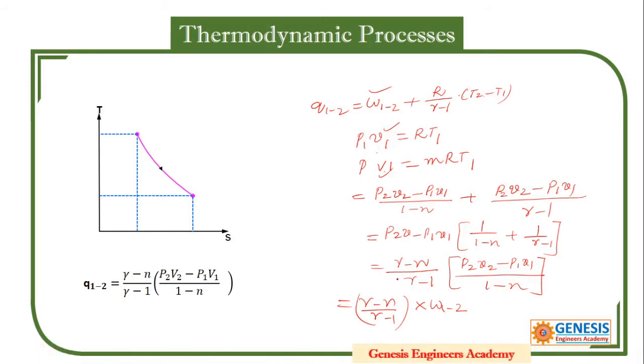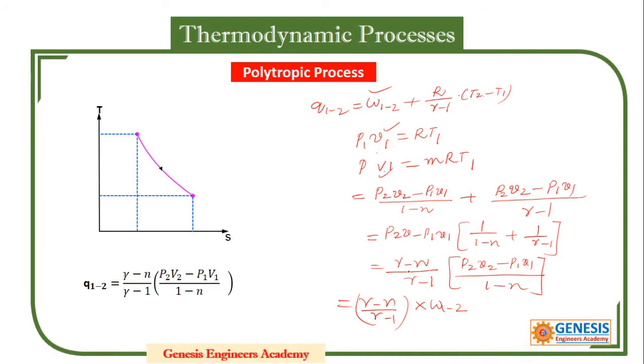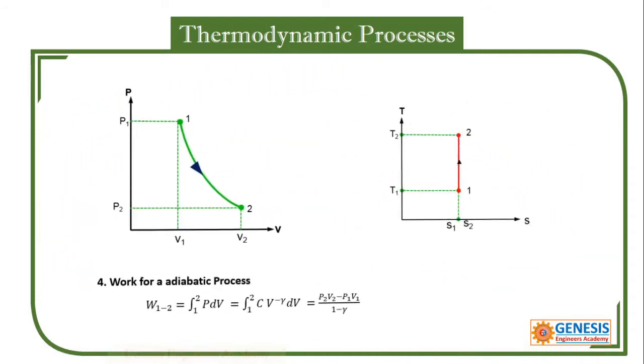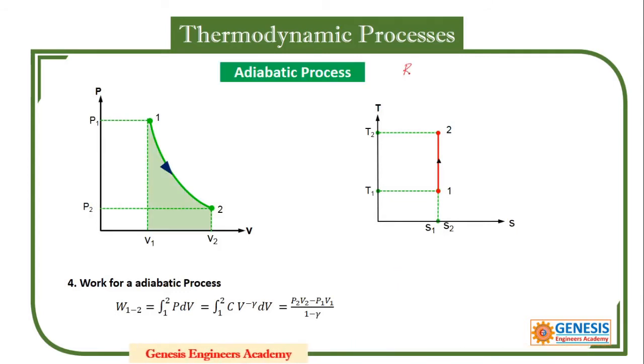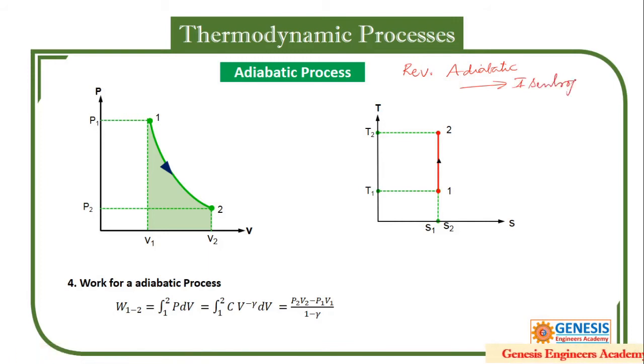Okay, so this is a polytropic process, and we now enter into the adiabatic process, which we come across in many cycles. A reversible adiabatic process is also called an isentropic process. A reversible adiabatic process is equal to an isentropic process.